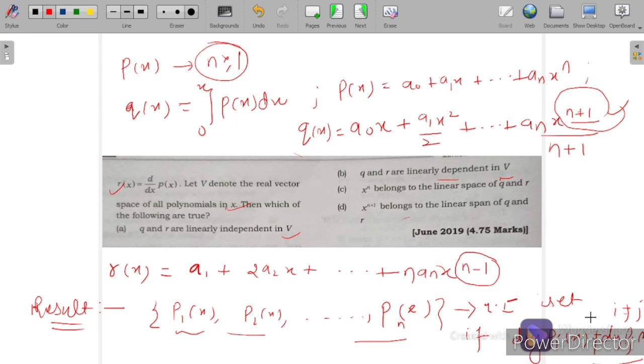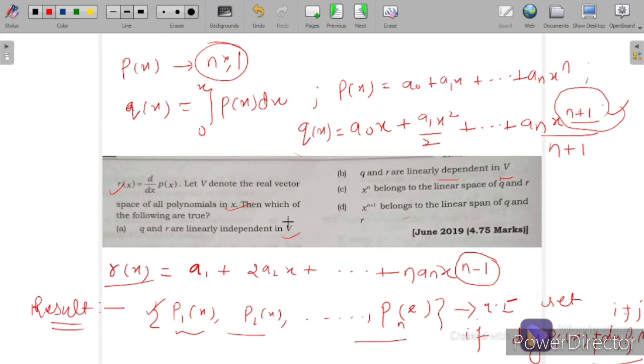Okay, this set will be a linearly independent set if all those polynomials are of different degree. So here r of x has degree n minus 1 and q of x has degree n plus 1.